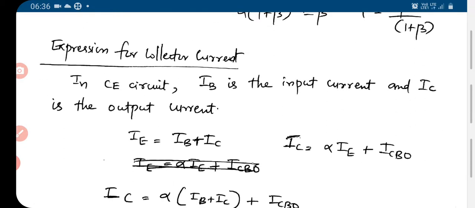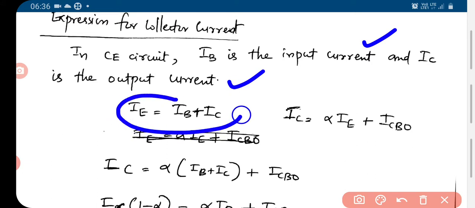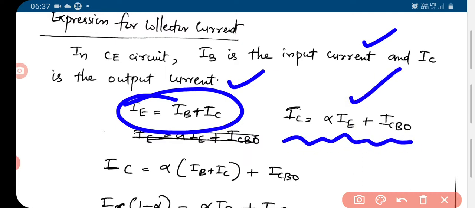Now the expression for the collector current. In common emitter circuit, IB is the input current and IC is the output current. We have this relation IE equal to IB plus IC. And from the common base connection, there we had this relation IC is equal to alpha IE plus ICBO, the collector base current when emitter is open.